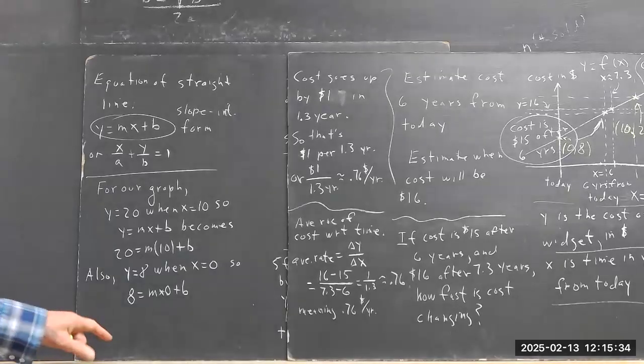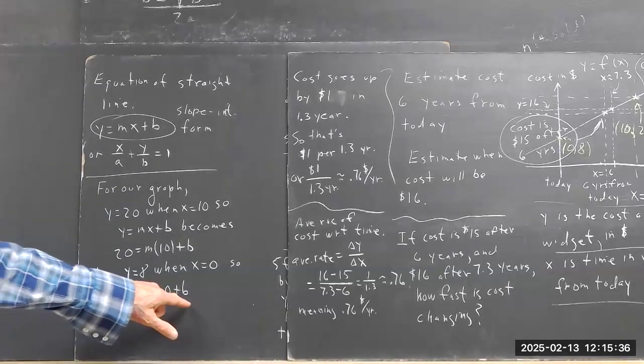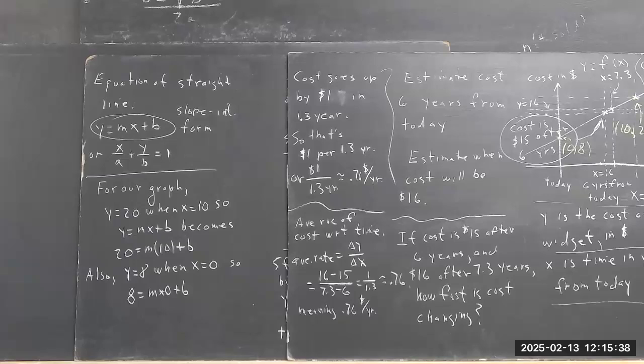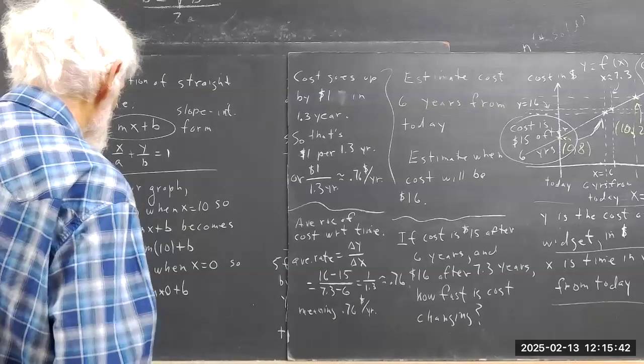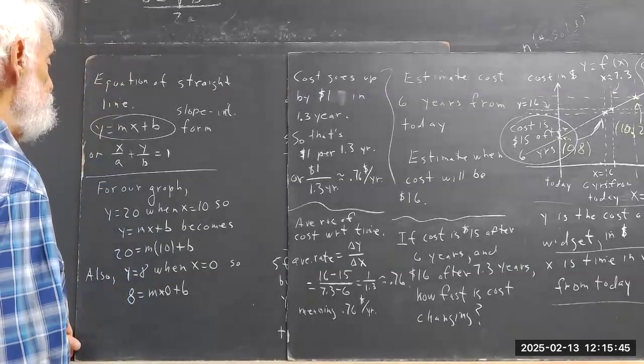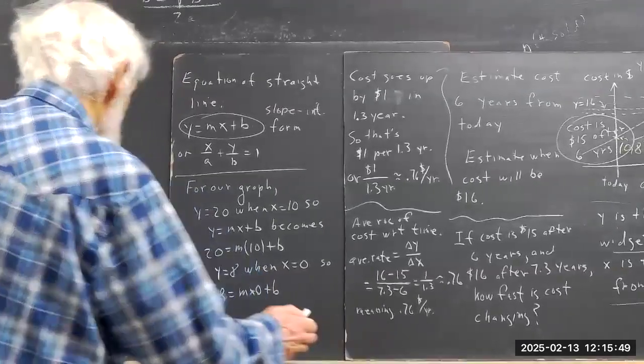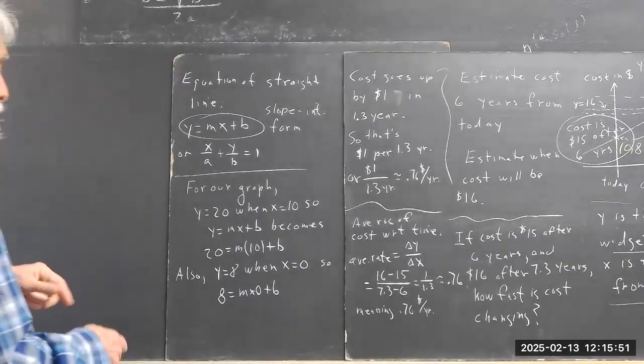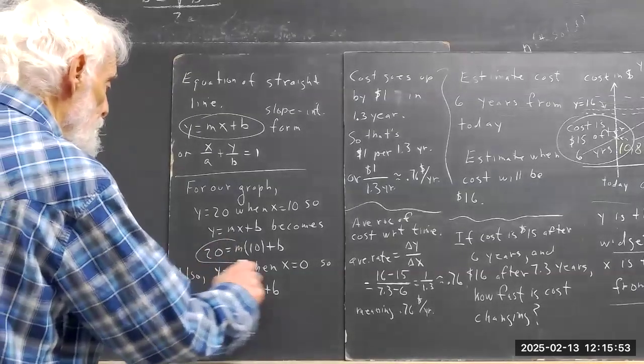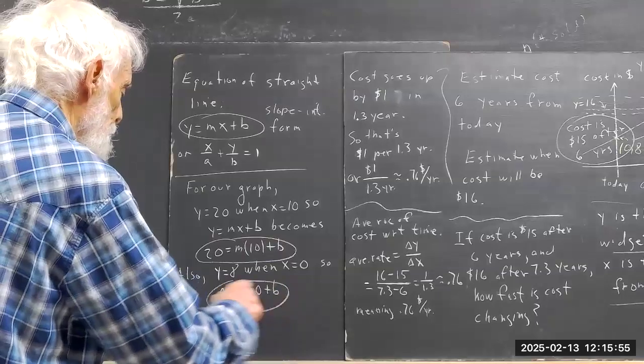Well, y equals 8 when x equals 0, so 8 equals m times 0 plus b. Well, I can isolate these two equations.